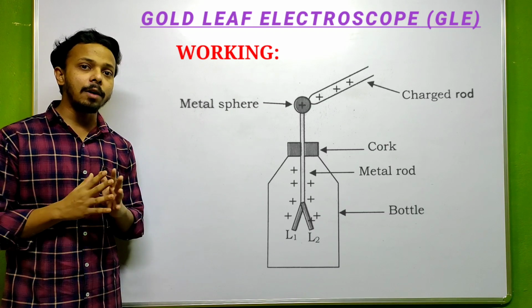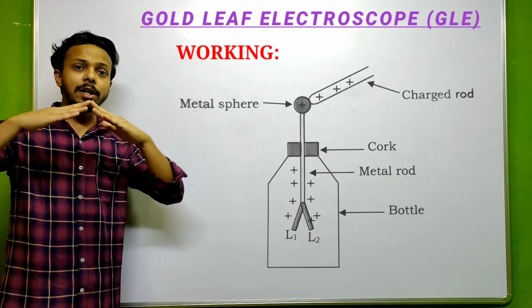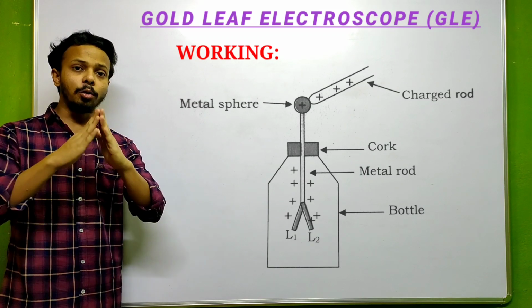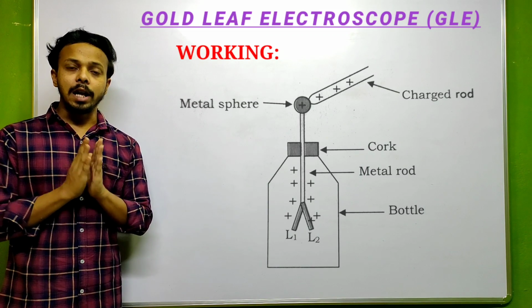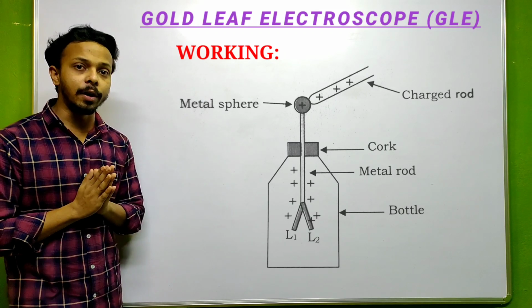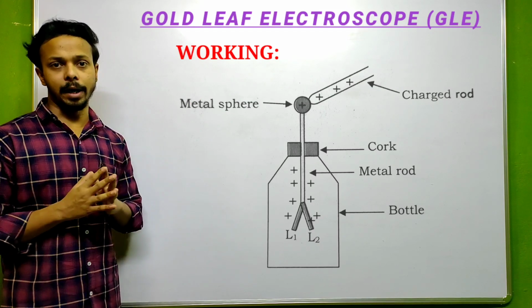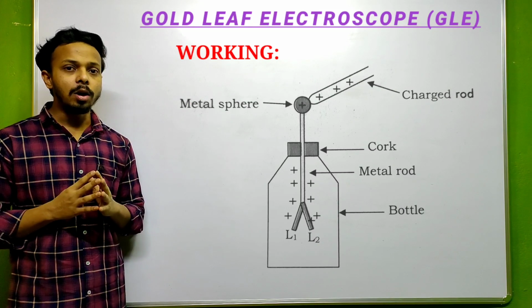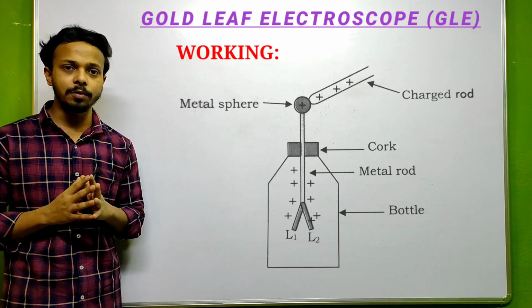As the same kind of charge is induced on both leaves, there is a divergence between the two leaves, which means they get repelled because of the same kind of charge. By measuring the amount of divergence of the gold leaves, the quantity of charge on the glass rod can be determined. This is how the gold leaf electroscope works. I hope you understand this well.